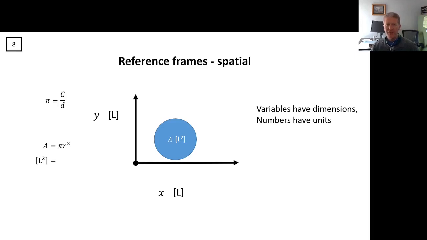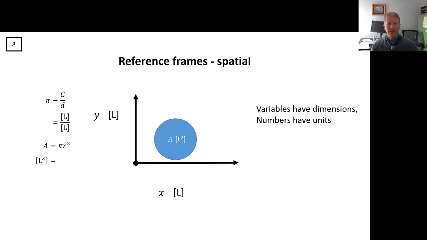Well, the diameter should be pretty straightforward. That's just a straight line across the circle through its center. That's a length, right? How about the circumference? What's the dimensionality of a circumference? That's a little trickier because it isn't a straight line anymore, but it is still a one-dimensional line. It's a different reference frame for that line, and it's curved and not a straight line, but it's still a length.